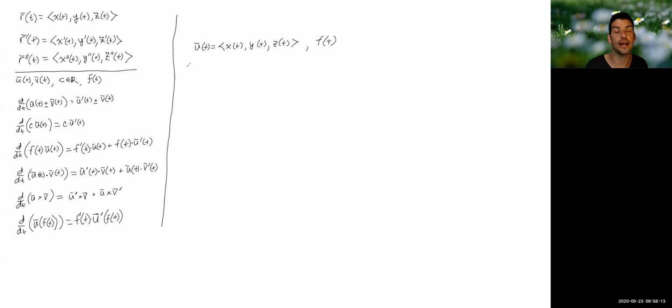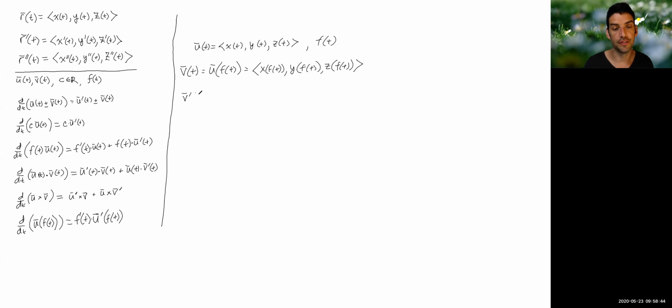Well then, let's say it this way. Let's define a new vector function, v of t, equal to u of f of t, which just means it's equal to x of f of t, y of f of t, z of f of t, right? That's what composition means. Instead of putting the input of t, the input is f of t, so we put that in each of those places.